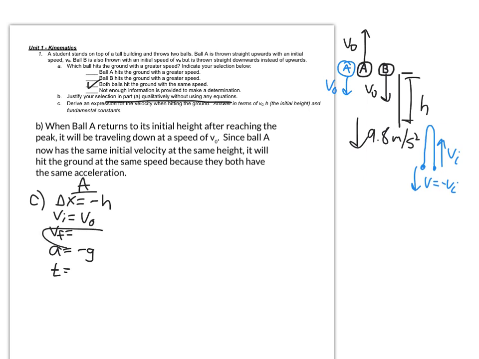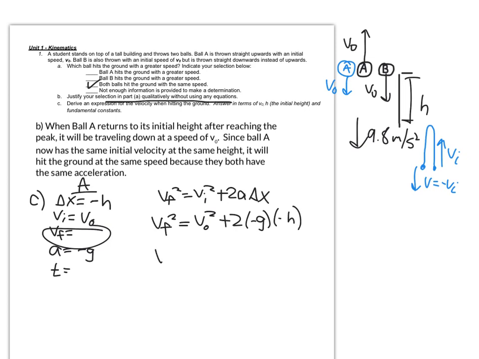Since I'm solving for final velocity, the best equation to use is going to be that vf squared equation, so I can go ahead and set that up. So I find that my final velocity squared is equal to v0 squared plus 2 times negative g times negative h. So I find that the final velocity is going to be the square root of v0 squared plus 2gh.